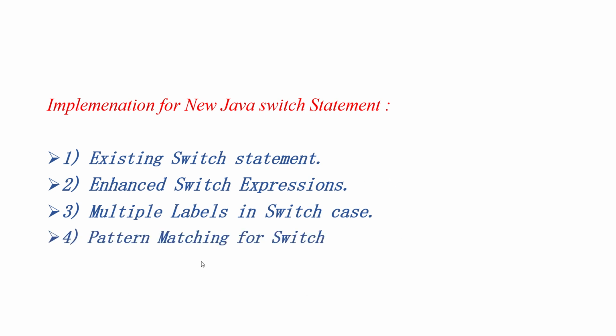Finally we will see pattern matching for switch case, which allows multiple data types to be included in the switch as well as in case statements. So these are the 4 points we are going to see with examples.